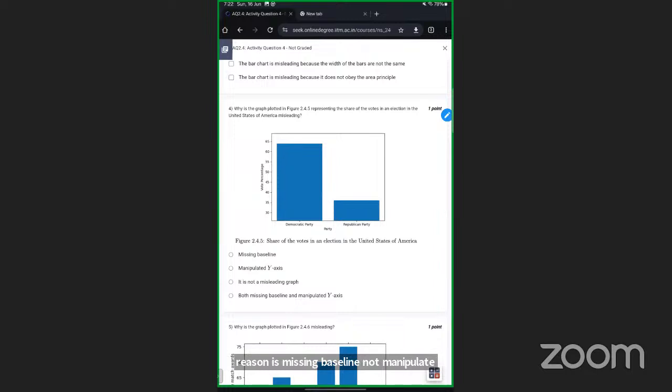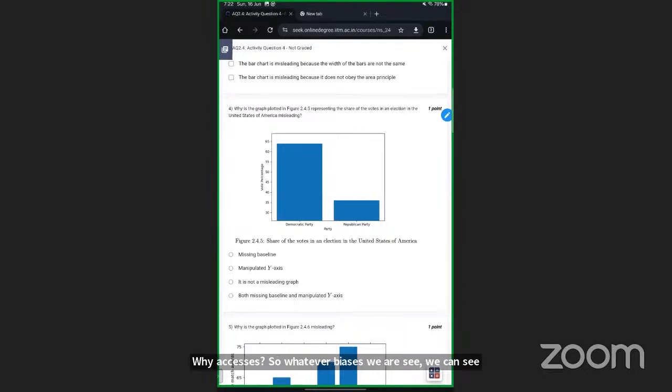The area is not following the area principle because baseline is missing, not because of manipulation of y-axis. Sir, the y-axis is truncated. No, I mean, no baseline is provided. Okay, you are saying that baseline is the major problem. Yes, it's the major problem, not the y-axis. Whatever y-axis we can see is correct only.